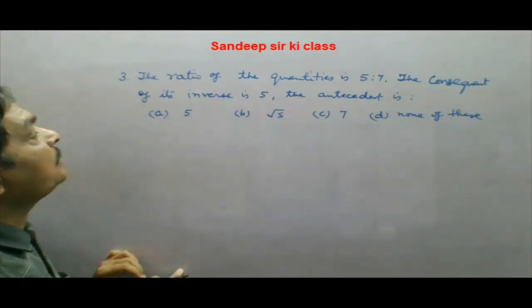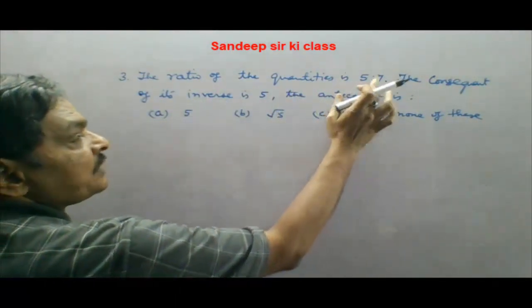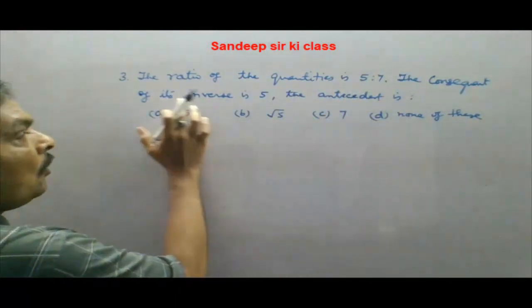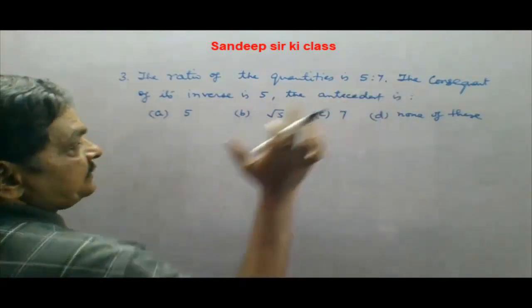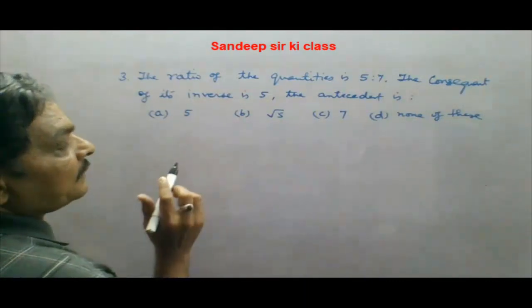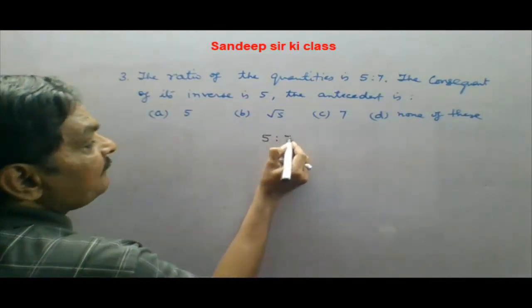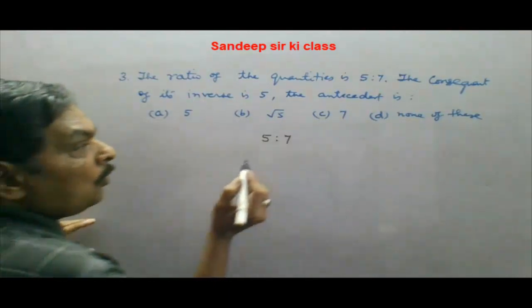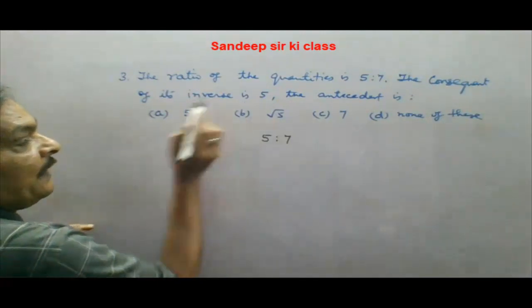Now we will see question number 3. The ratio of quantities is 5 is to 7. The consequent of its inverse is 5. The antecedent is, and these are the options given. Now we have been given that the ratio is 5 is to 7, and the consequent of its inverse is 5.